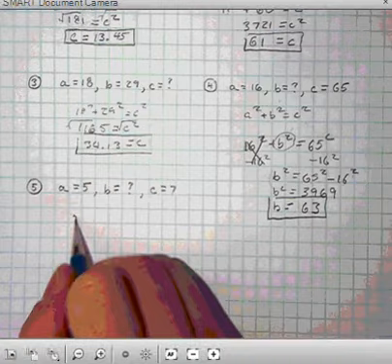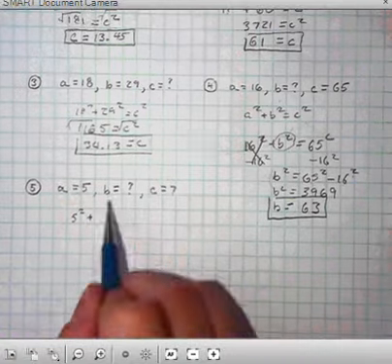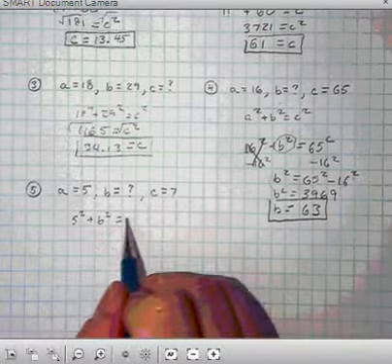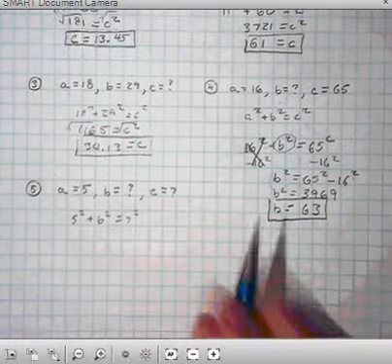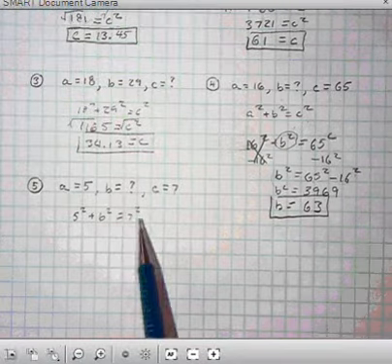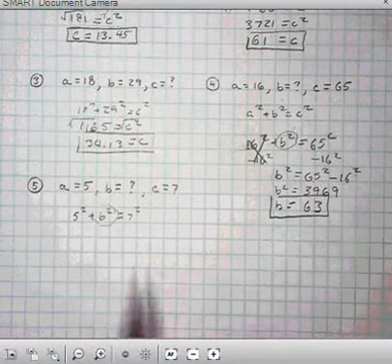Your A is 5, so it'll be 5 squared. Your B is unknown, so it'll be B squared. Equals your C, which you do know, which is 7 squared. So now, before I do the squared part, I want to get this B by itself.